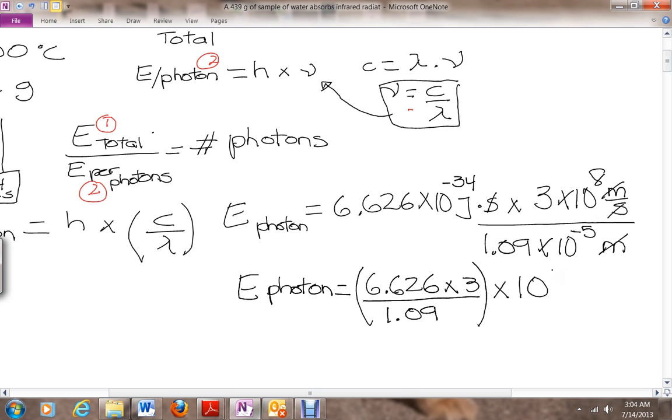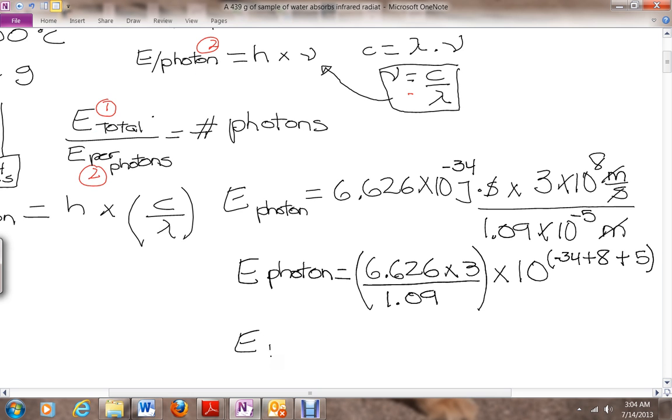So now I add and subtract the exponentials. This would be a plus 8 plus 5, because this is on the bottom. So the energy of a photon is equal to, this is going to be 13, minus 31 is minus 21, so this is going to be 18.